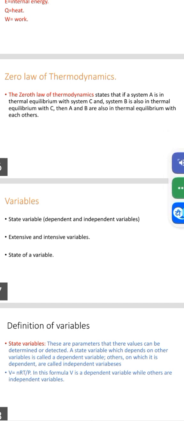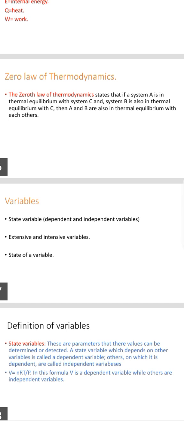For instance, when you say something is in an equilibrium state, the thermal energy or heat of those three systems A, B, and C are at a constant or equal position.